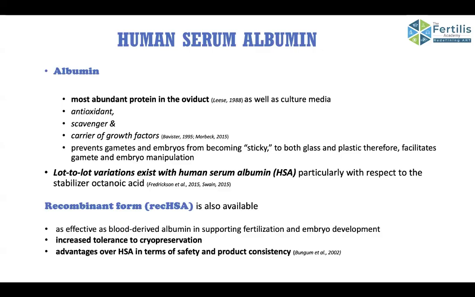Recombinant HSA, or human serum albumin, is also available, but it is very expensive. It offers consistency, and more tolerance to cryopreservation is provided to the embryos. So, recombinant HSA, you should always look for the presence of this in the culture media composition.